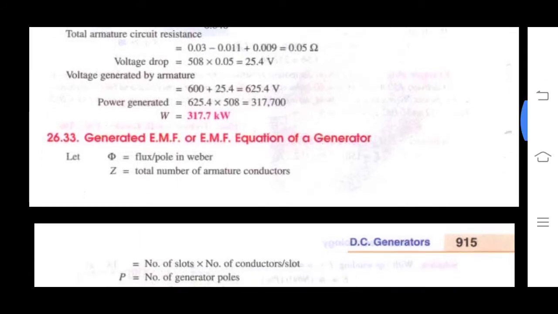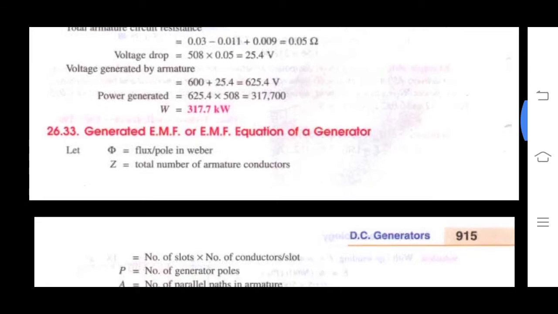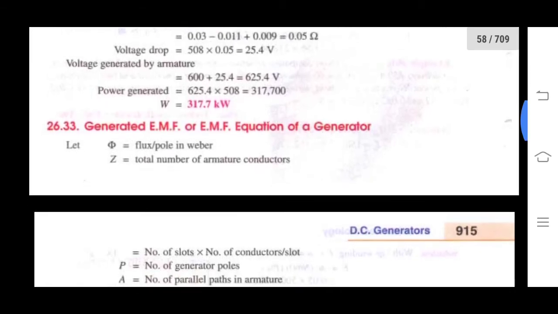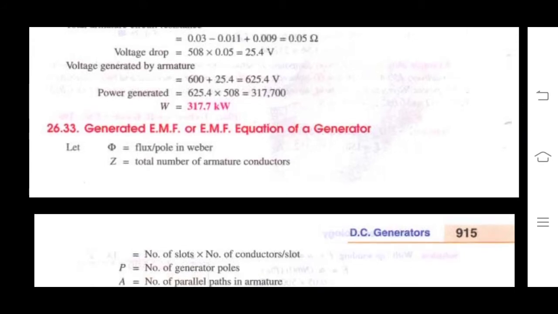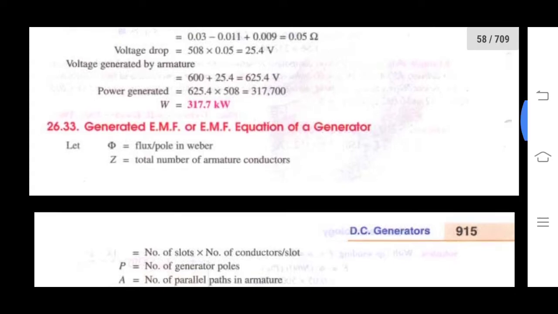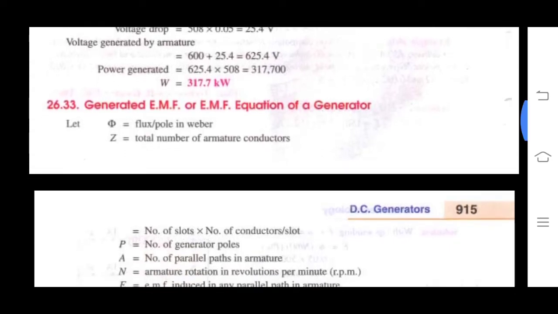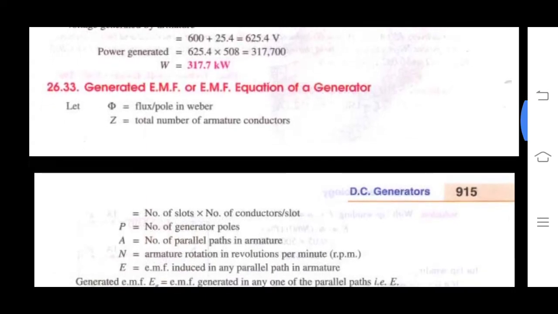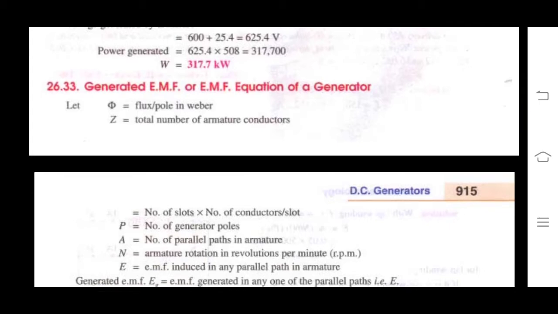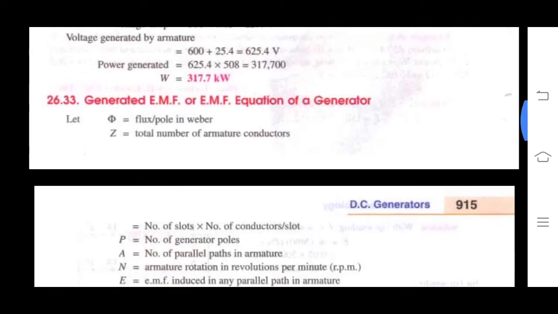Voltage drop equals 508 into 0.5, that equals 25.4 volts. Voltage generated by the armature is 600 plus 25.4, that equals 625.4 volts. Power generated equals 625.4 into 508, that equals 3,17,700 watts.